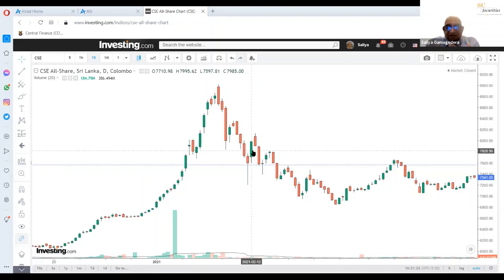Now, the trend extensions and trend failures will also be looked into in forward sessions, and that is very important for us to understand when a breakout takes place.